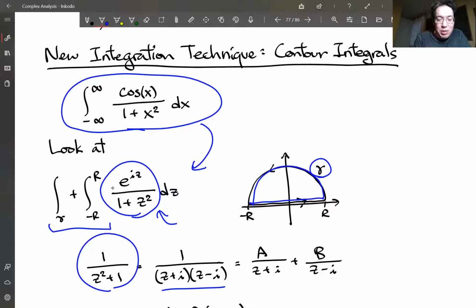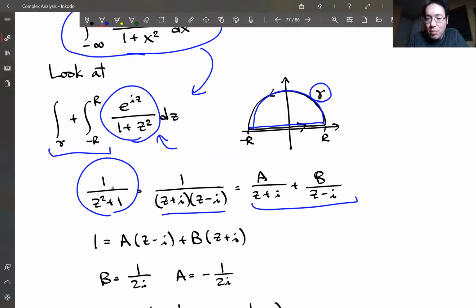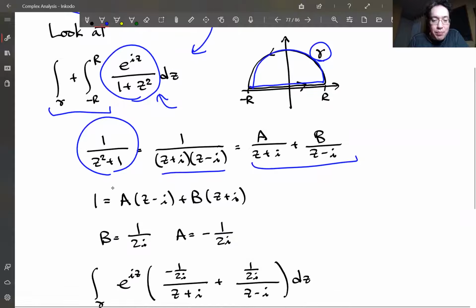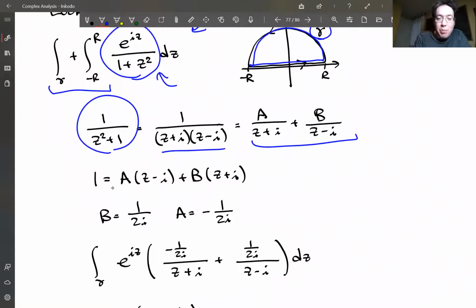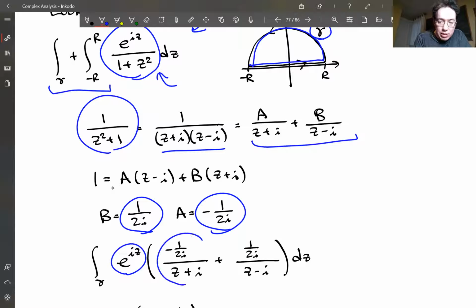So you can factor it into z plus i and z minus i. We can use partial fractions to make this simpler and separated. If you do the standard computation, these are the coefficients a and b that we get. So we can rewrite the integrand as e to the iz times these two fractions added together.